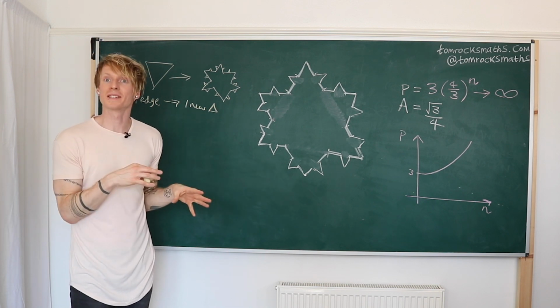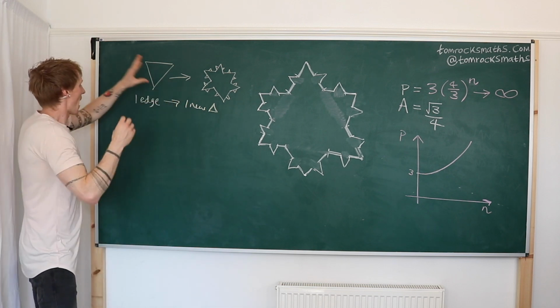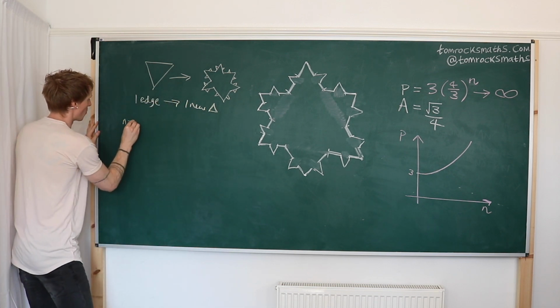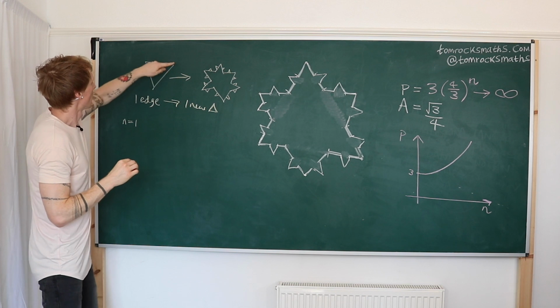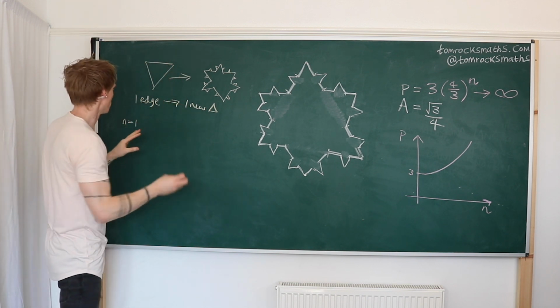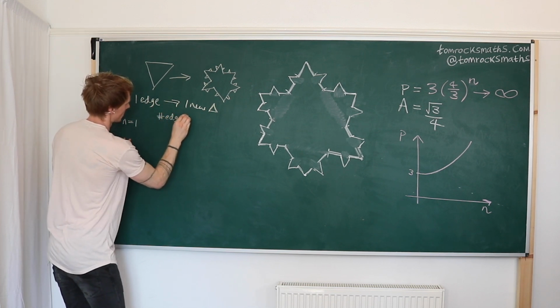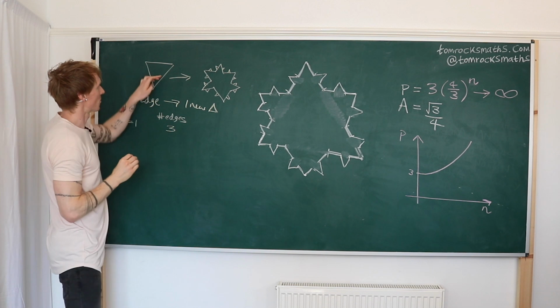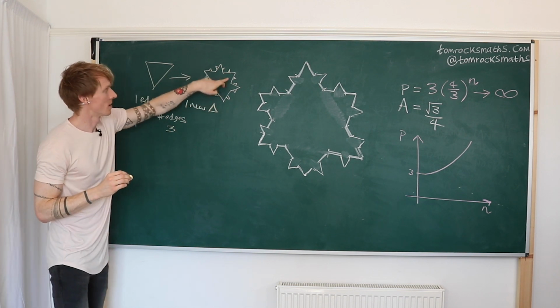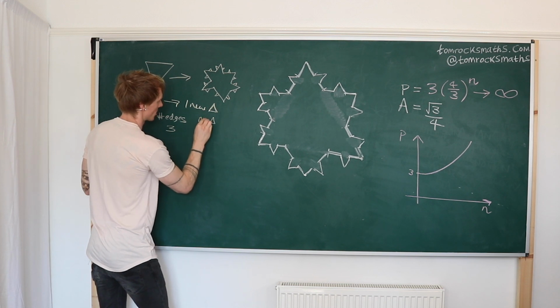So let's put some numbers in this. Let's look at the first few examples. So at step n equals 1, we have originally 3 edges in our equilateral triangle. So the number of edges is 3. And for each of those edges, we replace them with the spike. So we add 3 new triangles.